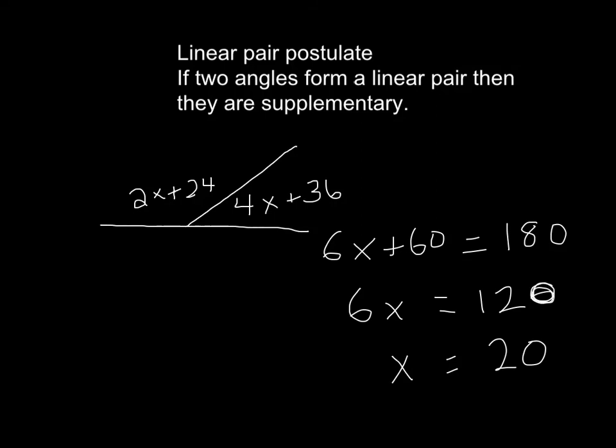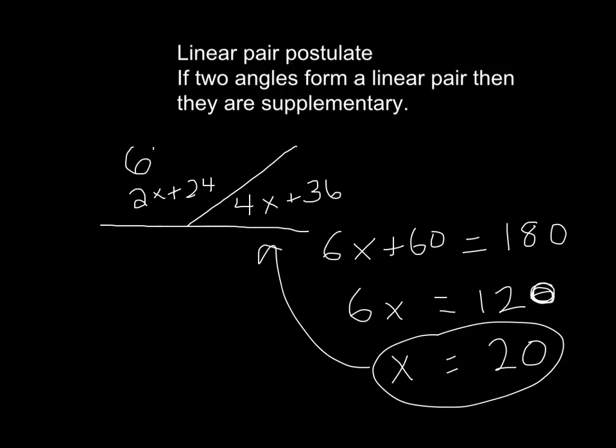Divide by 6. Now if I want to find out what each angle is, I have to take my x and I have to plug it back in. So for example, 2 times 20 is 40 plus 24 is 64. 4 times 20 is 80 plus 36 is 116. And the way to check to see if you did it right is to see if 64 and 116 add up to be 180.